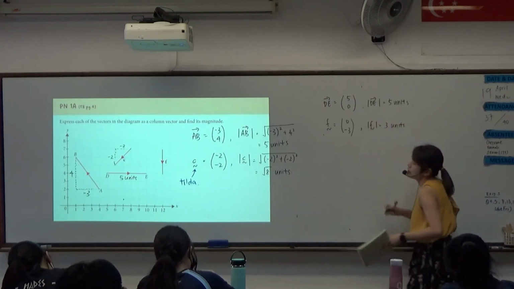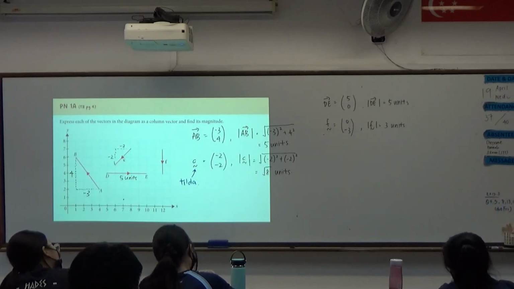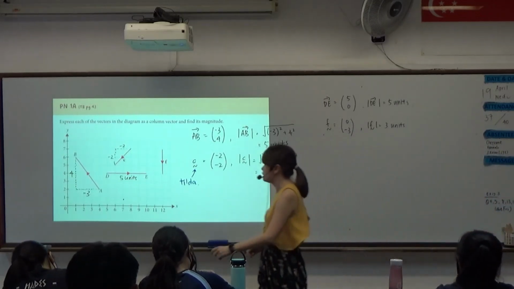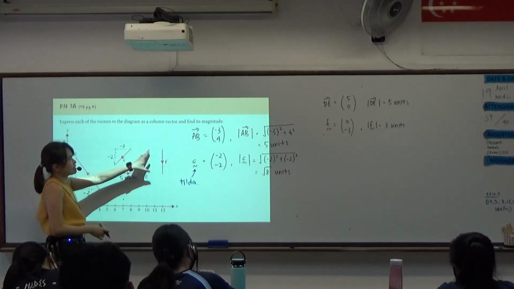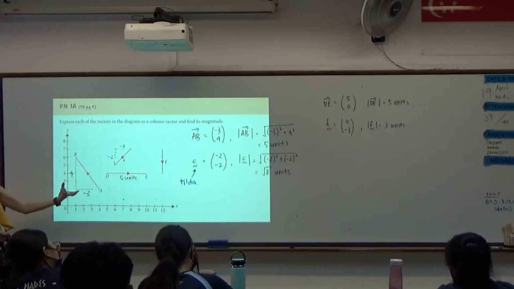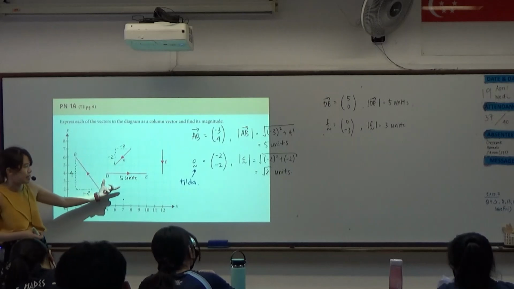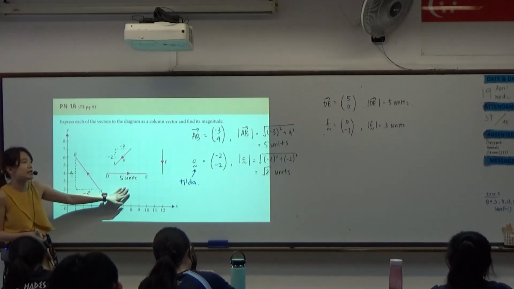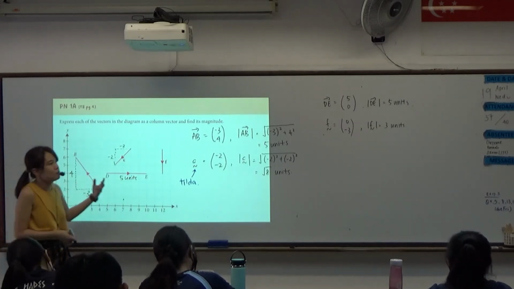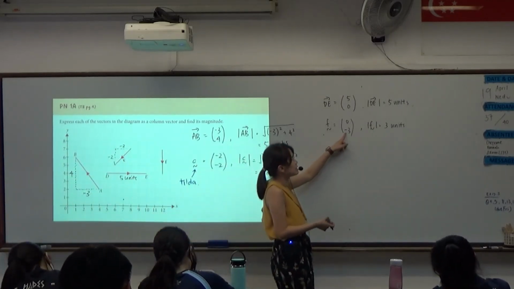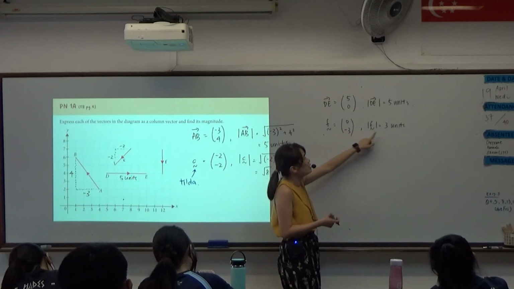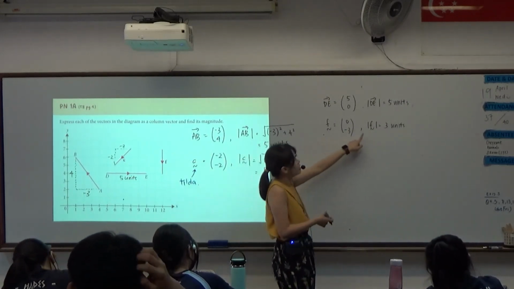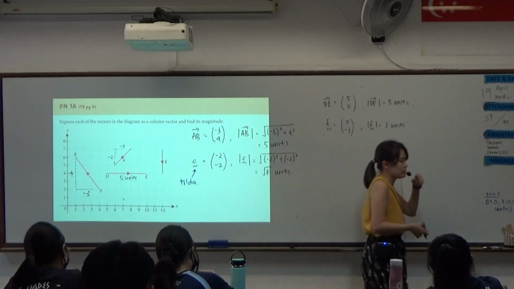Yesterday, something that I didn't cover is measuring the magnitude of horizontal and vertical vectors. For horizontal and vertical vectors, it is obvious when it comes to the length, the magnitude, because it will be exactly the number of units that we can count. We just have to remove the direction, so negative actually tells us the direction. Therefore, for the vertical vector, the magnitude will be a positive 3 units.